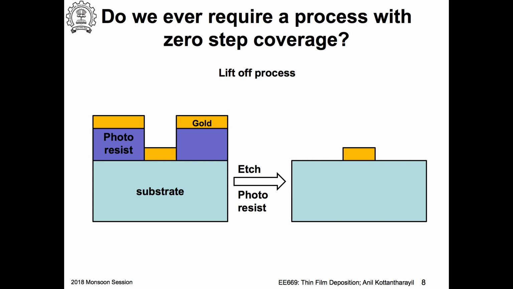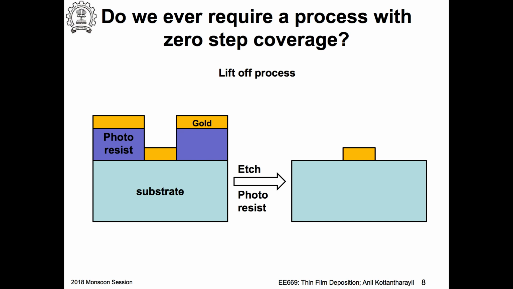So now this process, the lift off process, is a clever way to actually circumvent this problem. You deposit gold but etch something else. So what you are going to do is to deposit something like this. Typically you deposit photoresist, which is a material that is sensitive to light.